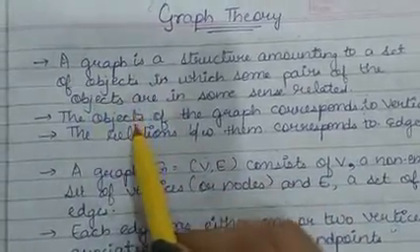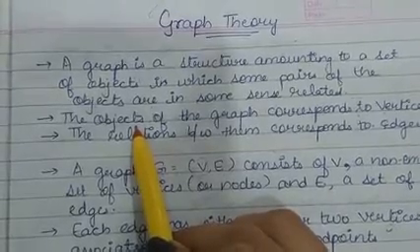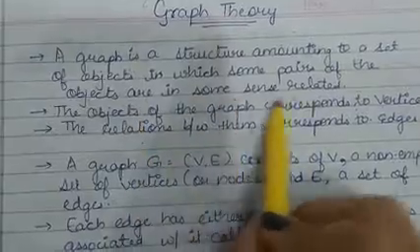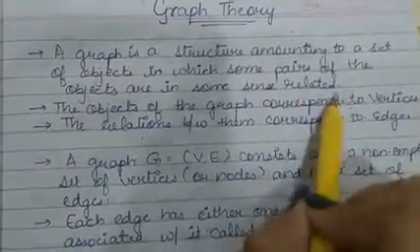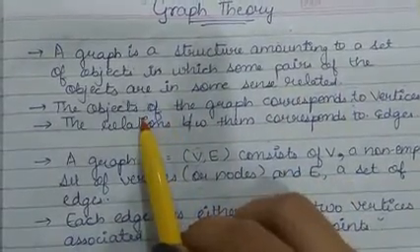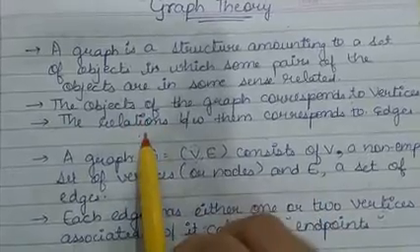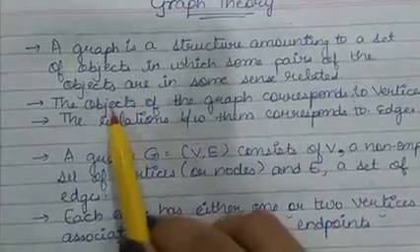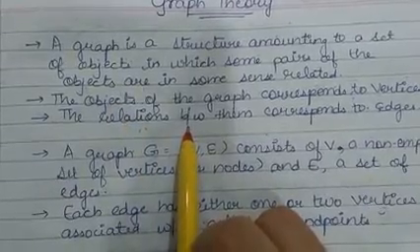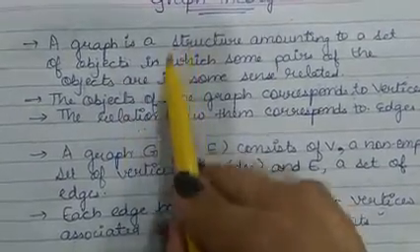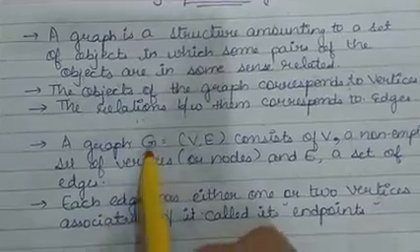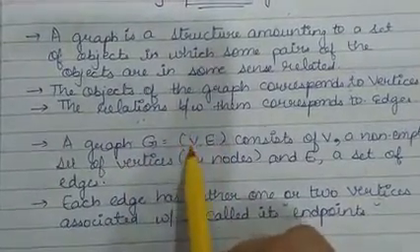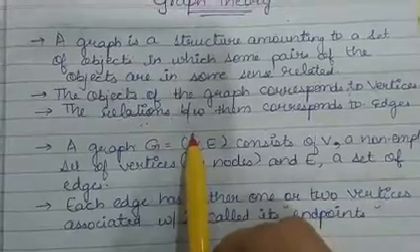In our discrete mathematics, or in the general scenario of graphs, the objects correspond to vertices, or vertices are nothing but the objects, whereas the relations between the objects correspond to the edges. A general representation of a graph is G = (V, E), where V is a non-empty set of vertices.